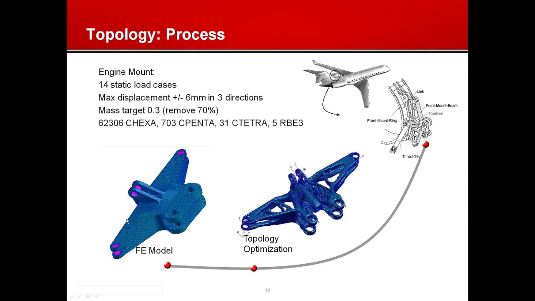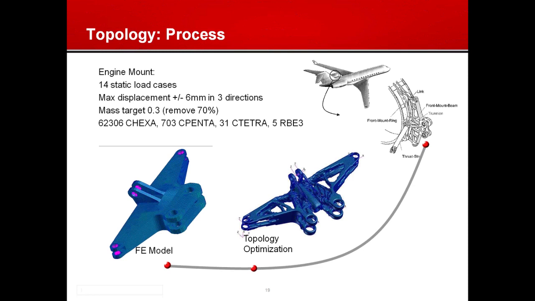So you basically have connection points and a big block of metal, essentially, to start with, a finite element model of that with appropriate loading and boundary conditions. And then you use topology optimization to bring about a weight reduction while minimizing the compliance.